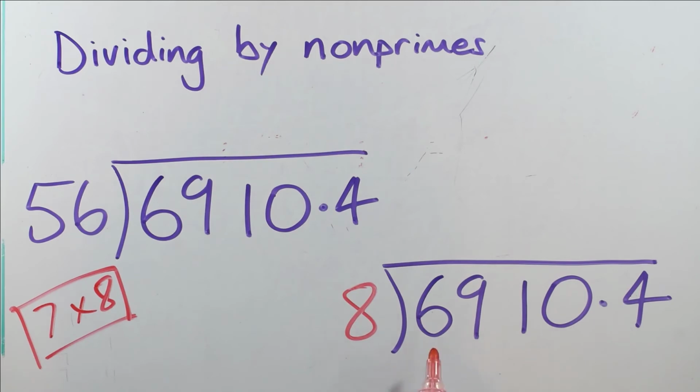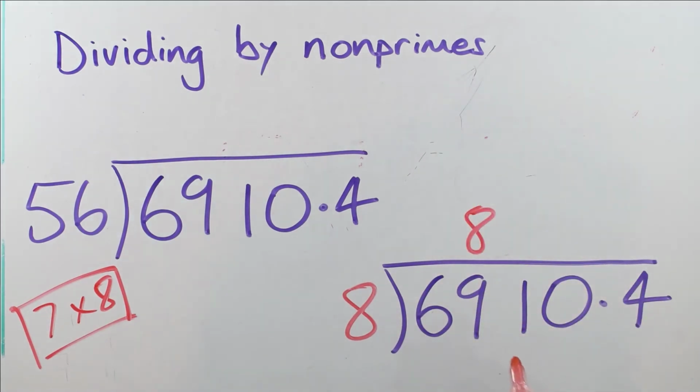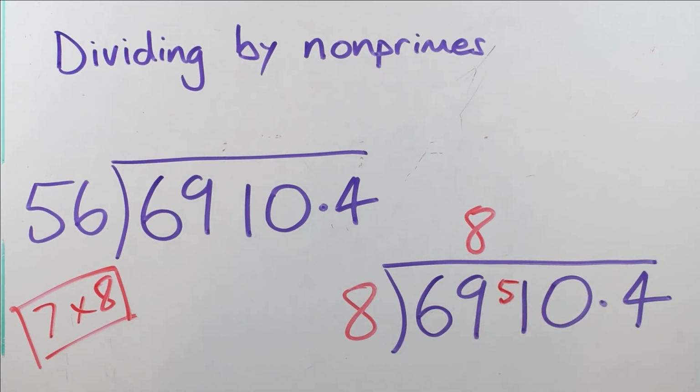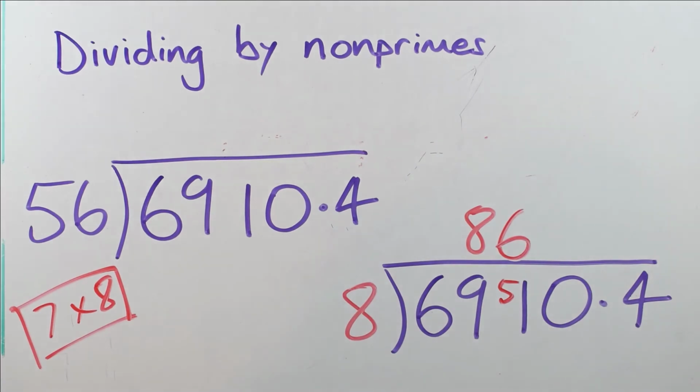Then 8 fits into, well, it doesn't fit into 6, but it does fit into 69, 69 hundreds in this case. 8 times 8 is 64, so 8 is the closest there, which leaves us 5 to play with here. 6 times 8 is 48, which is the number under this one, so we can say 6 goes there.